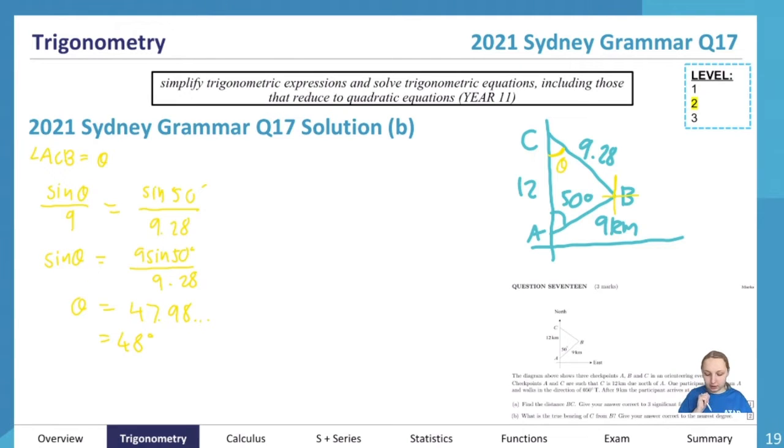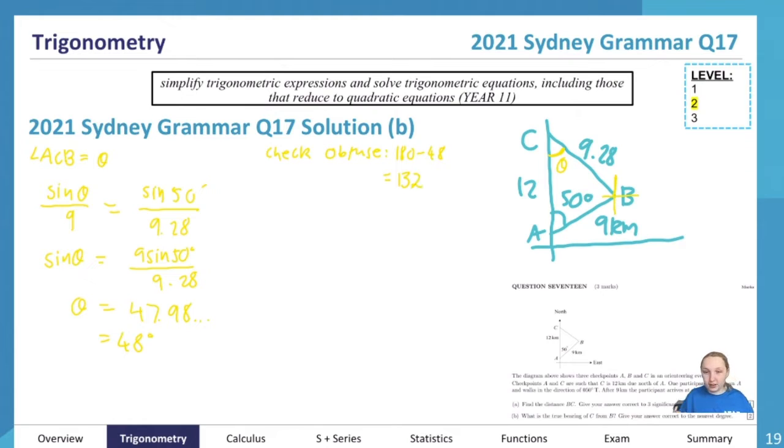Now, because we have used the sine rule, we also need to check whether or not we can have an obtuse angle here. So to check the obtuse angle, we do 180 minus 48, which is equal to 132.